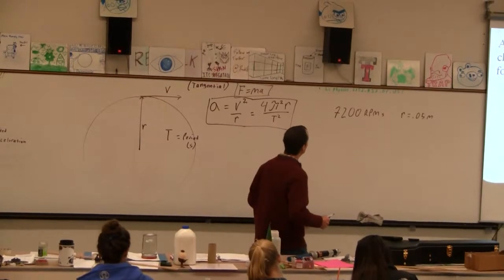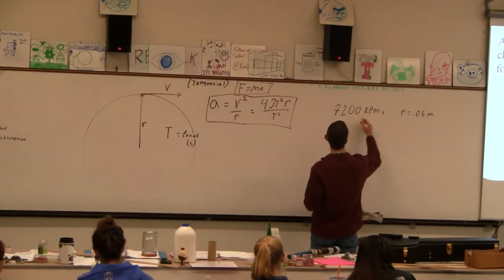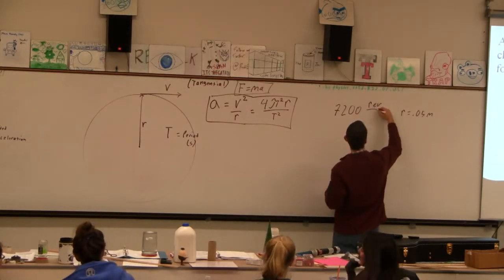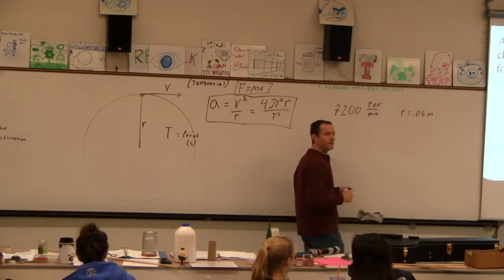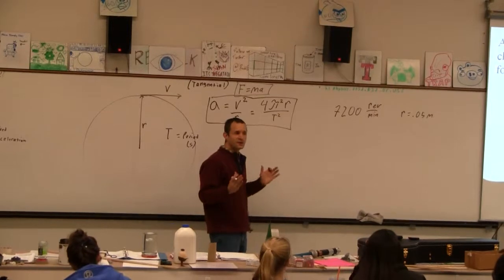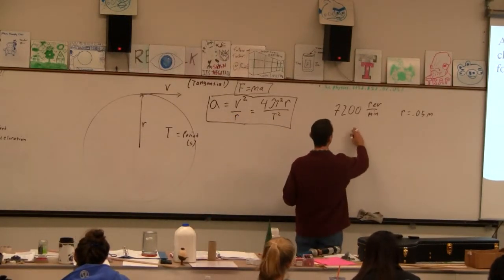Okay, so concept zero is at 7,200 RPMs. What this stands for is revolutions per minute, right? And so if they give you revs per minute, I think the simplest thing is that you can just simply find the period.